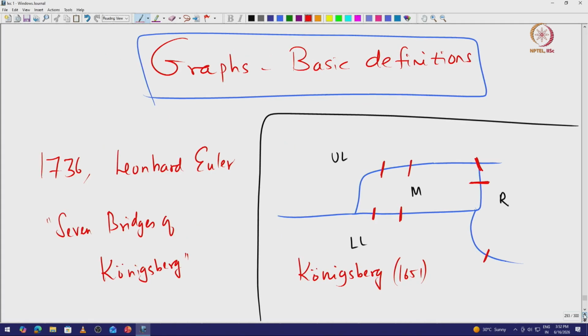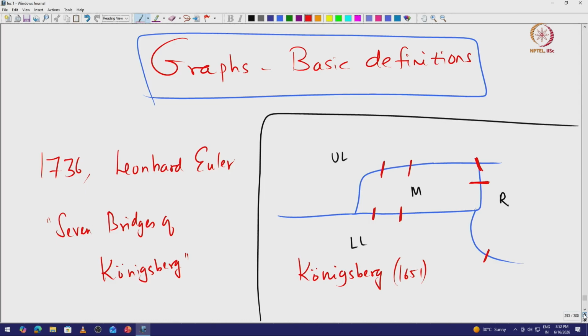Now if you think abstractly, we have these four parts of the land, which I have labeled M, which is the middle land, then the upper left and the lower left land, and then the right land.